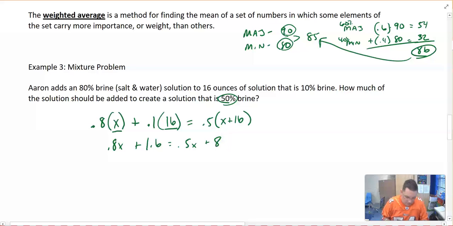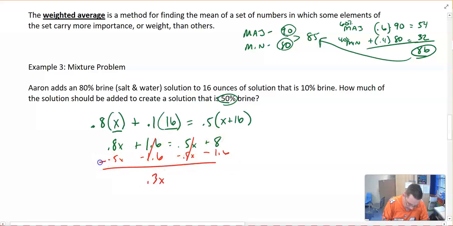That's 8. And so solving both sides here, we're going to subtract the 1.6. And we're going to subtract the 0.5x, combining two steps in one here. These cancel, these cancel. So we're at 0.3x is equal to 6.4.